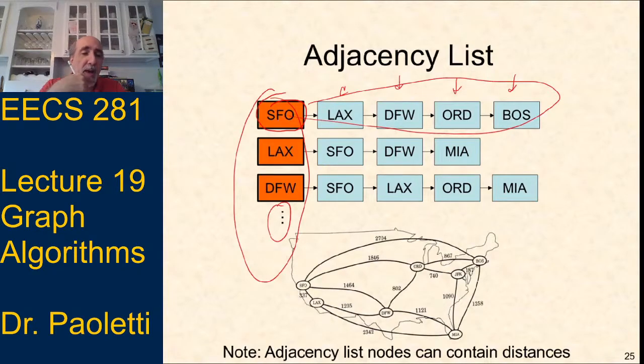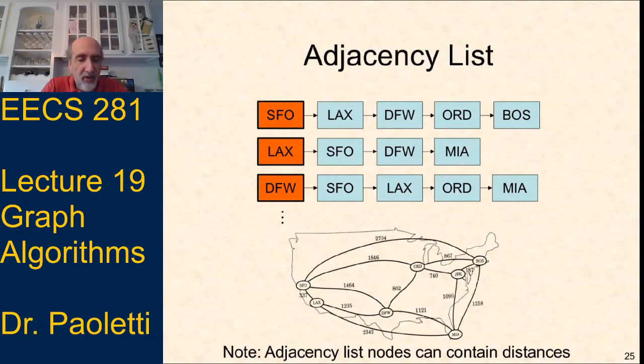Now, there's a note at the bottom that says the adjacency list nodes could contain more. So each node here, each of the blue ones, instead of SFO to LAX just being a box that's showing the connection exists, we could also put the number in there. I think it's 327.